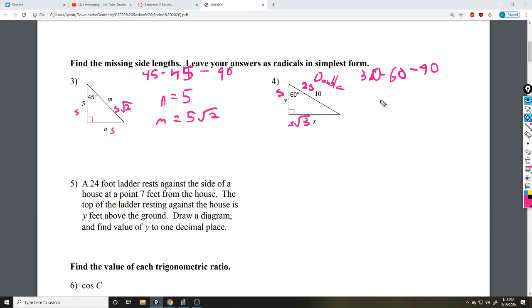Well, if this is my double side, then y, which is the original, if I doubled to get 10, that means I must have started with 5. And then x is our short leg, which is 5, times the square root of 3. Again, done.